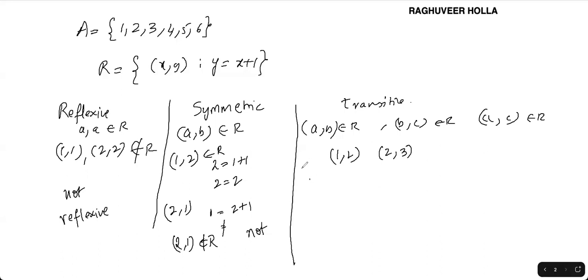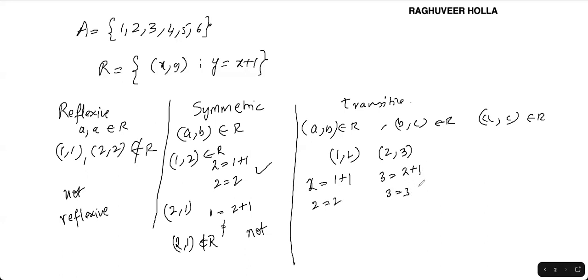In this case y is equal to x plus 1, so 2 is equal to 1 plus 1 and 3 is equal to 2 plus 1.